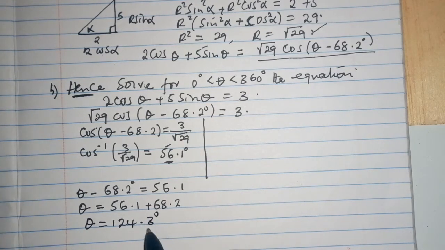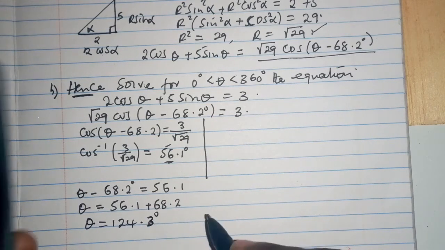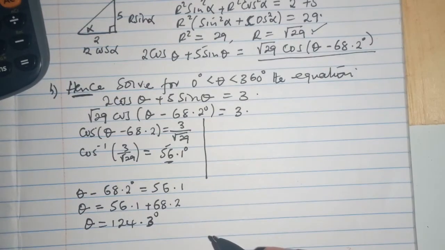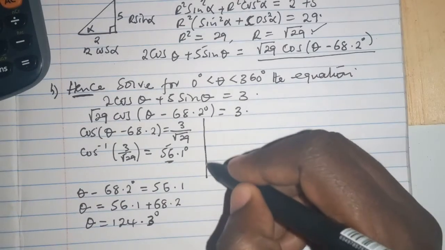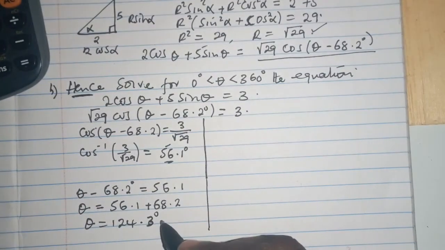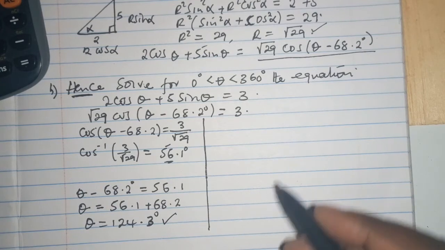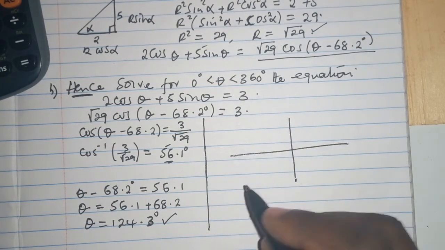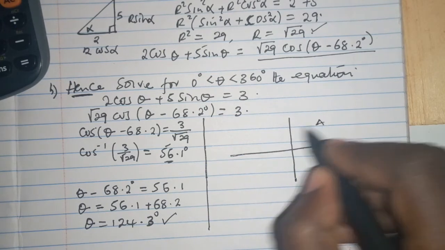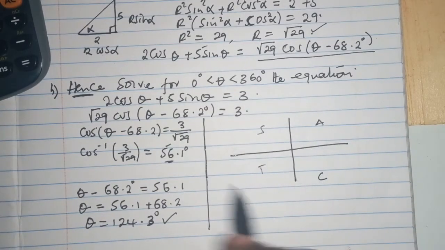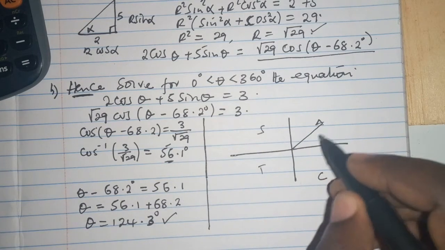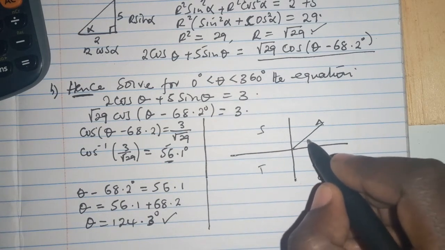So on one hand, theta is 124.3 degrees. But it is this part of this question that I want people to concentrate on so much. There's no problem finding that. If I consult the CAST circle, and our cosine is positive, we realize that cosine is in the first quadrant.